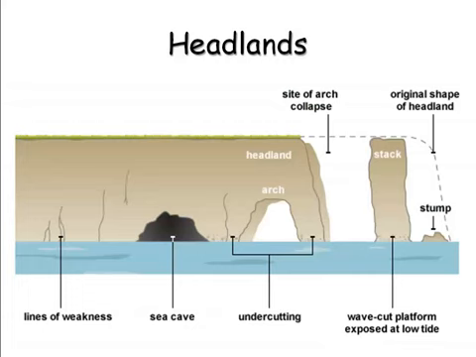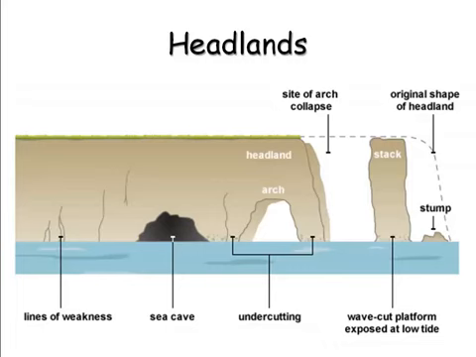It will start off with natural lines of weakness, natural cracks in the rock, which various types of erosion will exploit. To begin with, as the cracks widen, they can form a very tall, narrow, steep-sided inlet, which is called a geo, G-E-O, as in the first three letters of geography. Over time, they can get widened out and start to undercut the cliff at the back, making a cave.